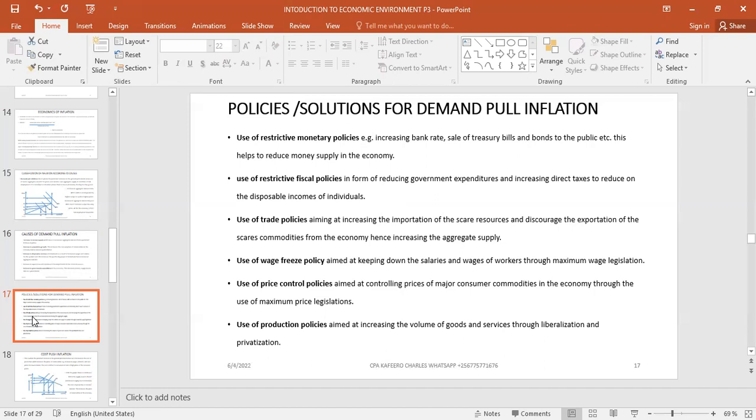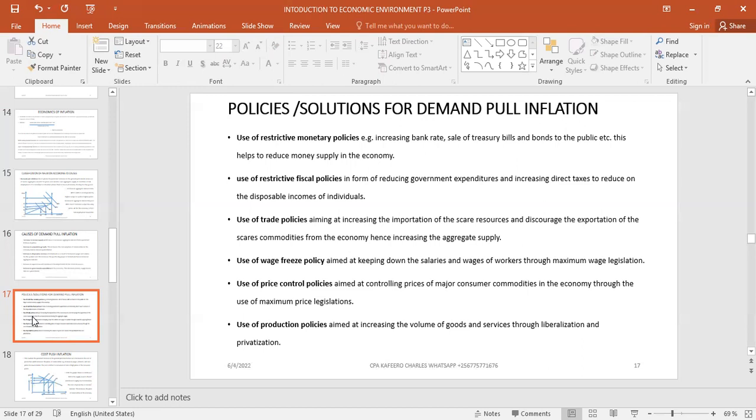One of them will be use of restrictive monetary policies. I said if you are increasing the money in circulation, you reduce the bank rate. Let's say you buy securities, treasury bills and bonds. The government buys the treasury bills and bonds from the public. There you are increasing the money in circulation. So if you want to reduce the disposable income of the people, you have to use the restrictive monetary policies.